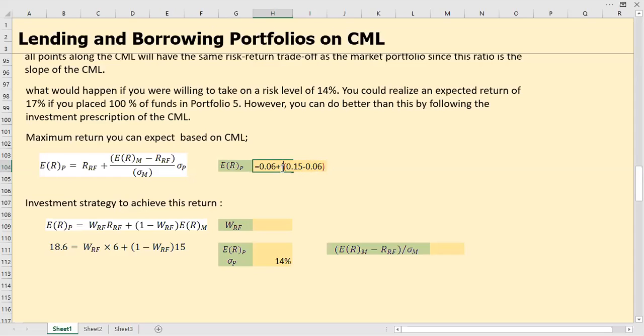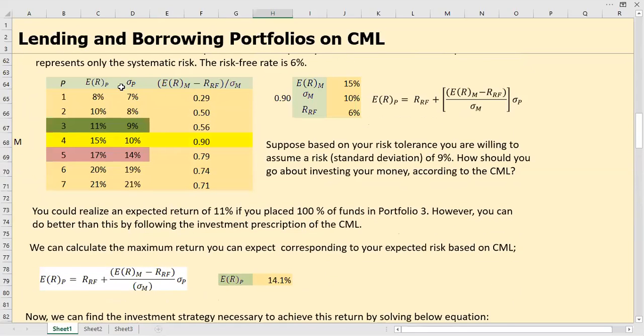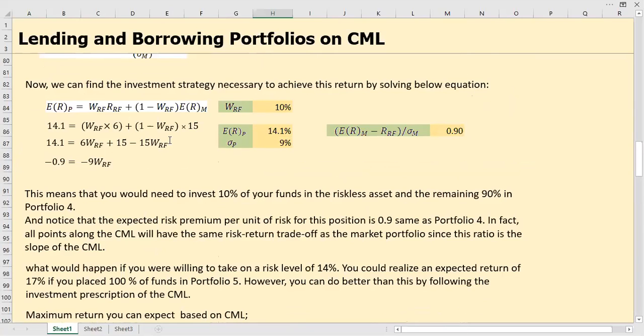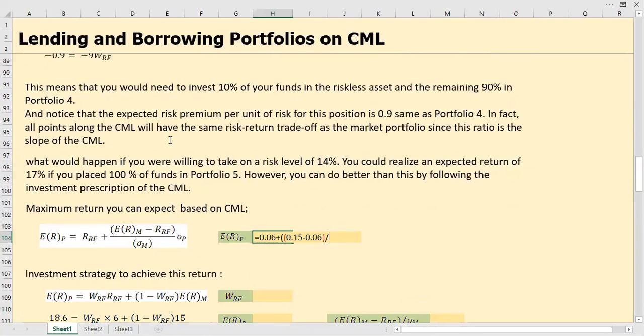It was 15%, and again the risk-free rate we know 0.06, and we are going to divide this part by what? The market portfolio, which we already identified. Its expected return is 15 and the standard deviation of the market portfolio is 10%, 0.1, and this whole part is going to be multiplied by the portfolio standard deviation that we have already assumed.